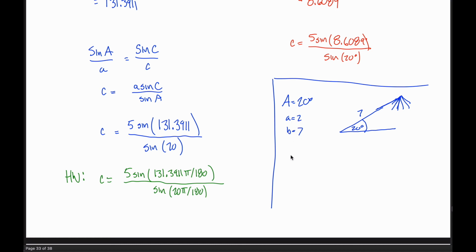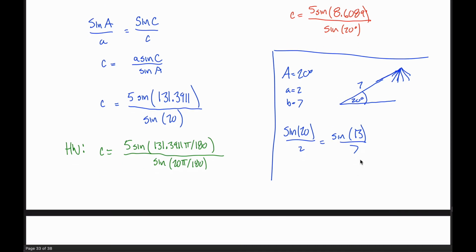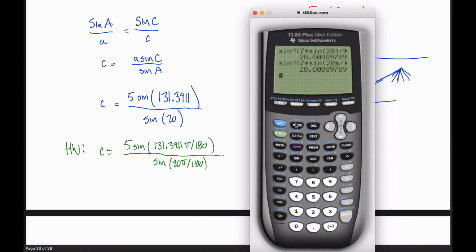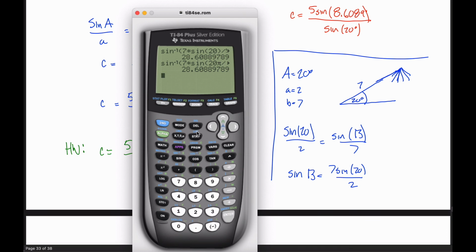Well, when you use the law of sines to solve for angle B, you could set things up this way. Sine of A over A equals sine of B over B. And then you could solve for sine of B by multiplying the 7 up here. And you would say that the sine of B is equal to 7 sine of 20 divided by 2. But 7 times the sine of 20 divided by 2, if I refer back to my calculator, remember my calculator is currently in radians.